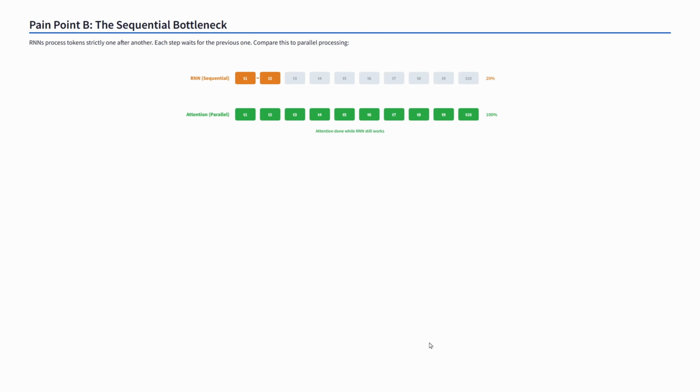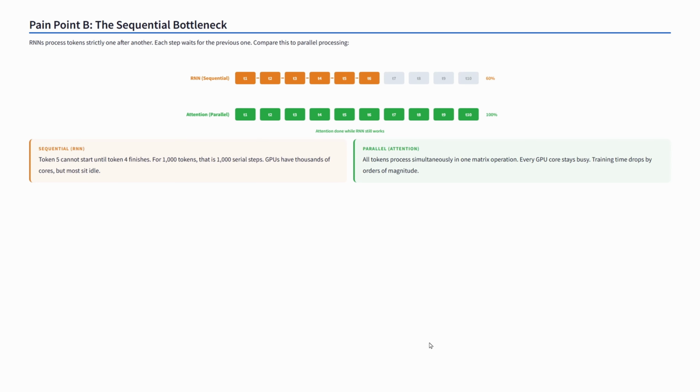Each step has to wait for the previous step to finish before it can start. Now look at the bottom row. That's the attention-based processing. All tokens light up at the same time in one single step. Notice the bottom row finishes while the RNN is still working its way through the sequence.